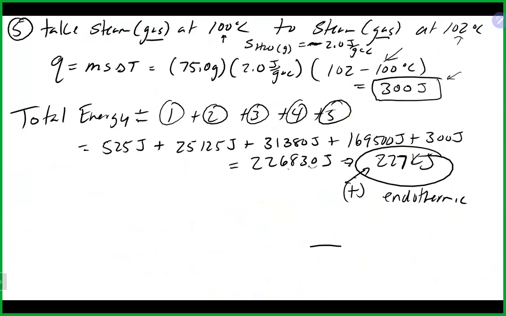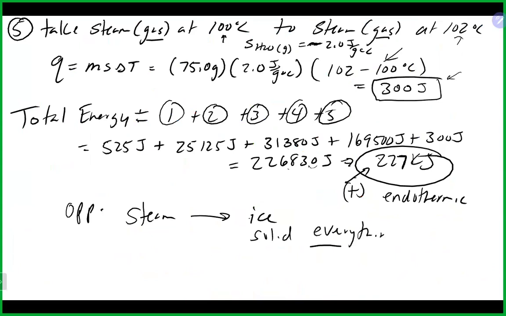So if you're going in the opposite direction, starting as steam and ending at the ice or the solid, everything would be the same, except that they would all be negative because those are all exothermic processes. Again, it'd be the exact same calculation, just the sign would change. Any questions on that?